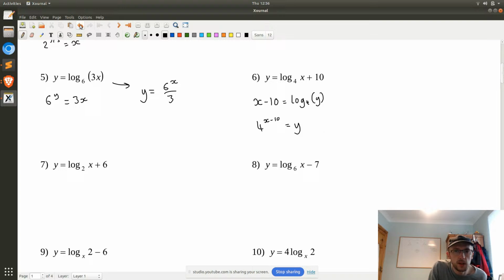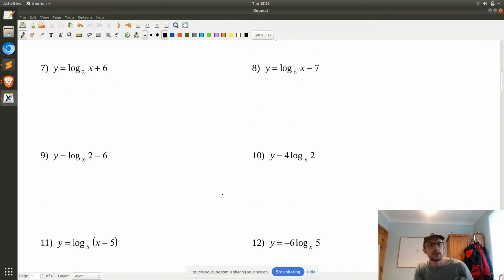But you know, I like the y to be on the left. And check these. Okay, they're all correct.